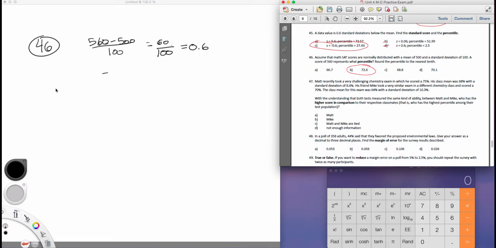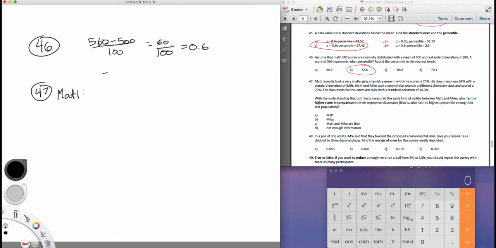So we'll start with Matt. This is question 47. Matt has a z-score. We're going to take his value, which was a 75, minus his mean, which was a 68, and divide that by his standard deviation, which in this case was 8.6.